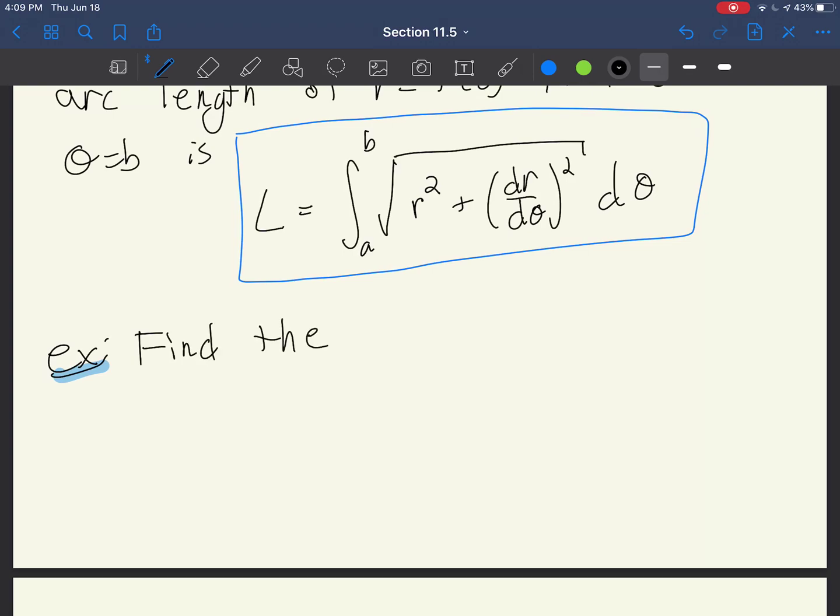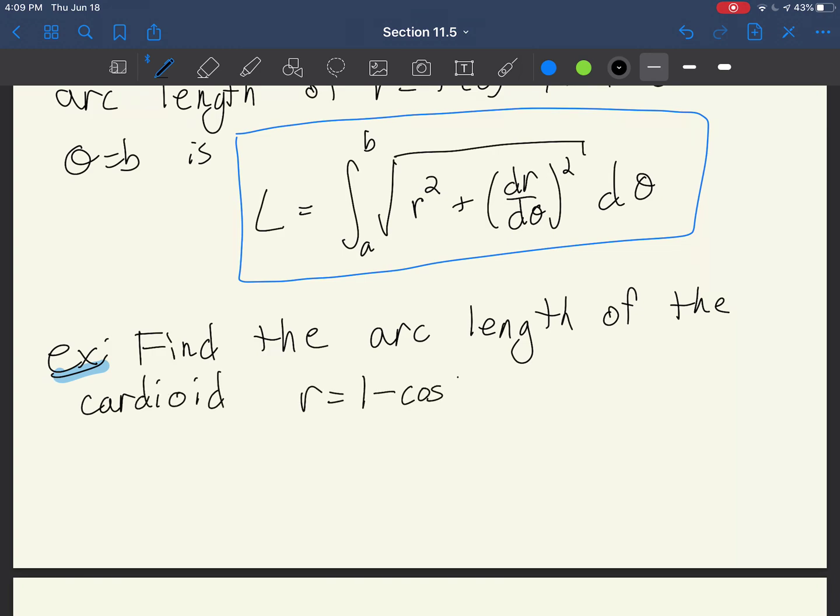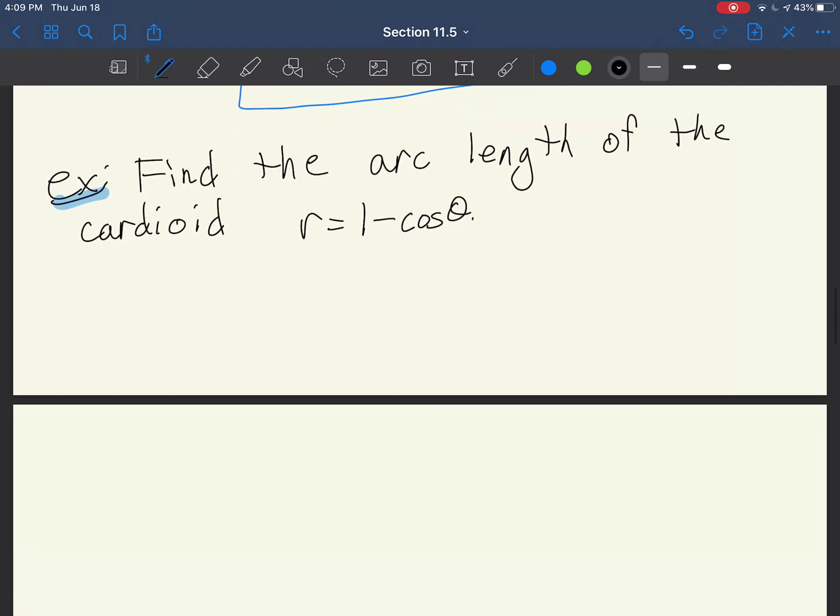So an example of this: find the arc length of the cardioid r equals 1 minus cosine theta.